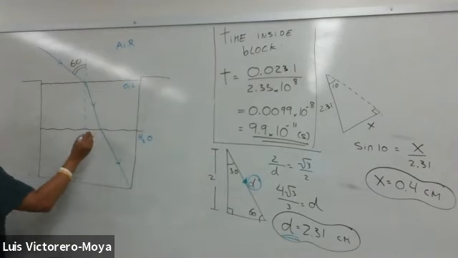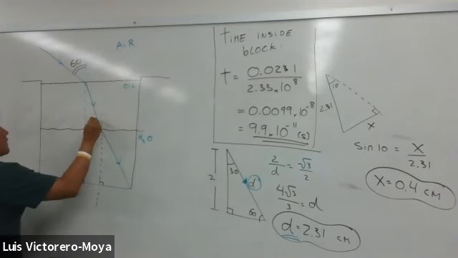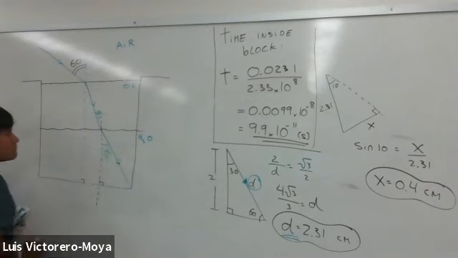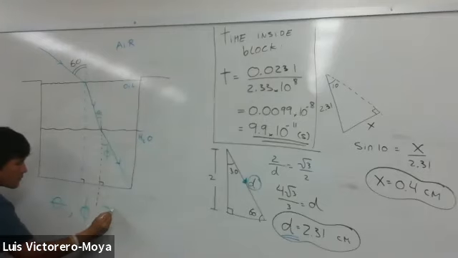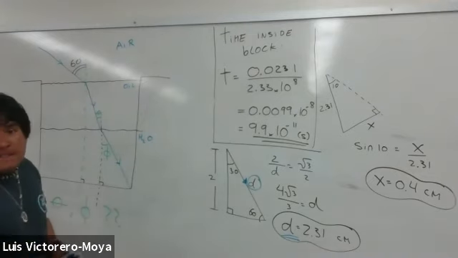I want to find, by the way, there's another normal here. Parallels, because this is 90 and this is 90. I want to find the angle here, theta, and the angle here, phi. So what are theta and phi? The only information that you need is the refraction indices.